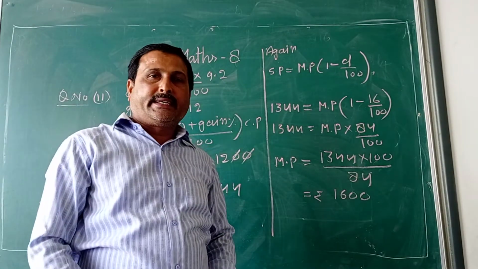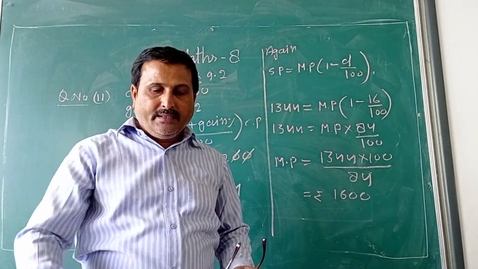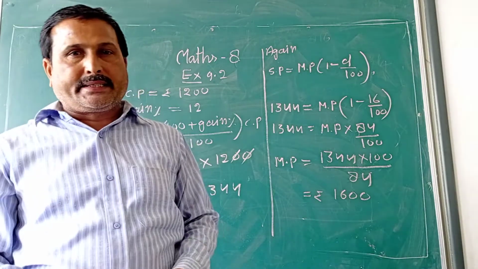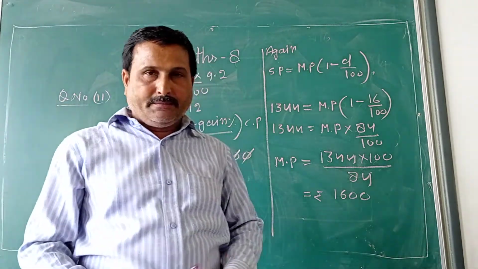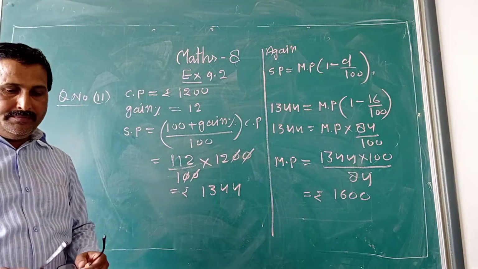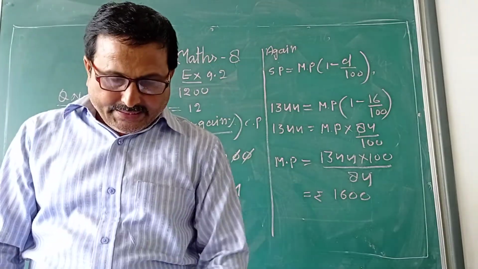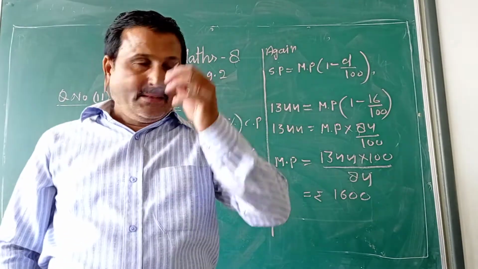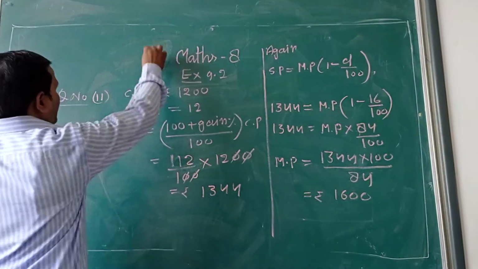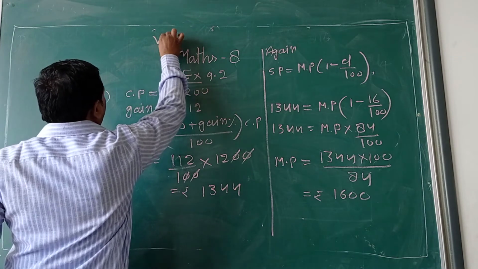Only 12 questions are given, and this 12th question is based on the 10th and 11th questions. After that, sales tax is given. In sales tax, VAT, value added tax, is given.